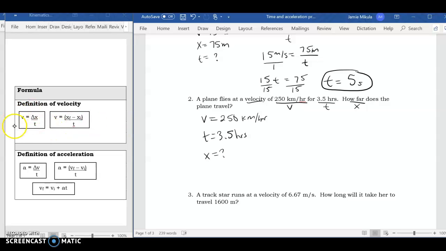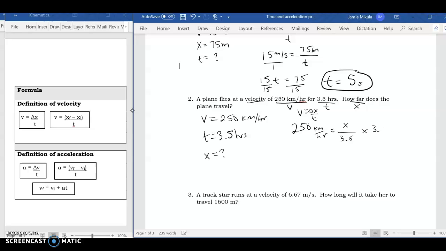So again, I'm going to choose this formula because it has all three variables that I'm looking for. V is 250. I'll write the formula. 250 kilometers per hour equals delta x, we don't know, over t, which is 3.5.